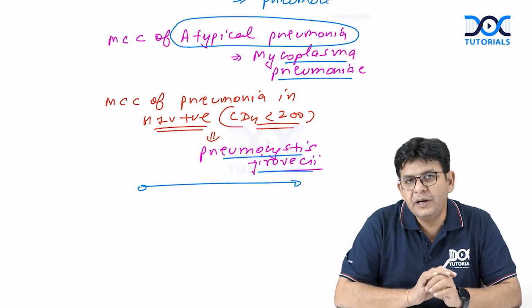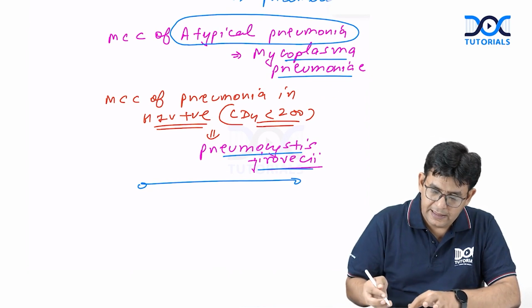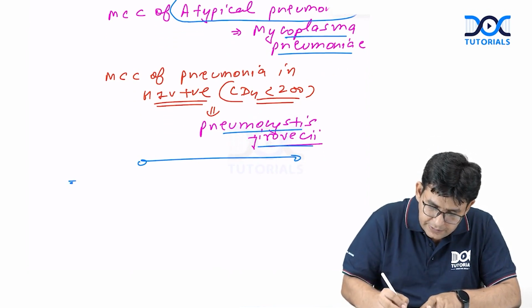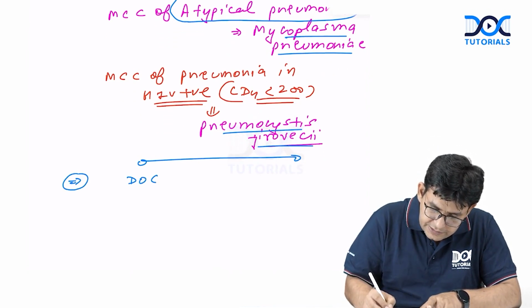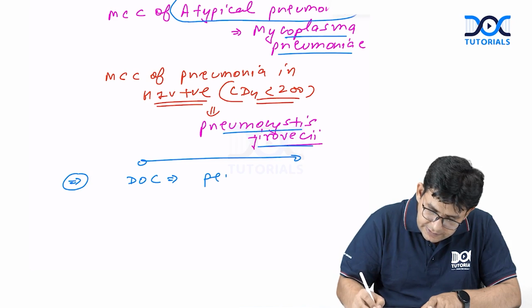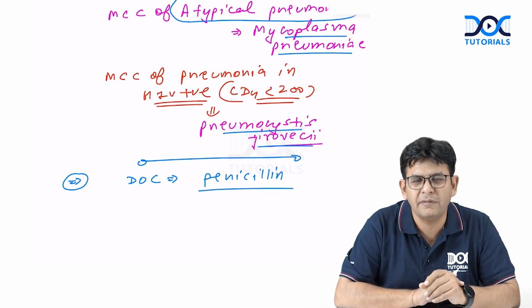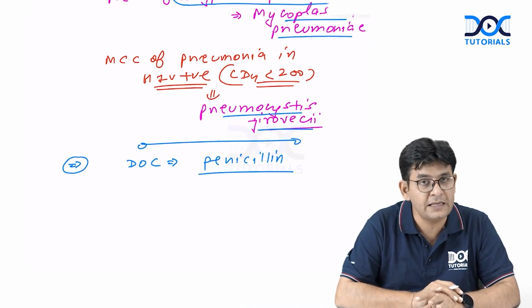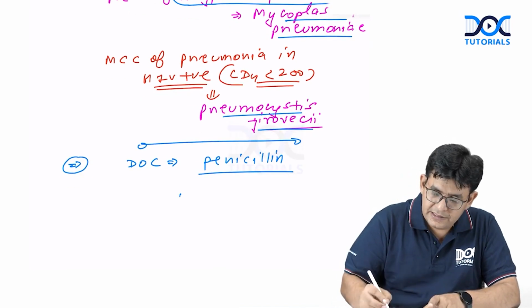So this much you need to know regarding the disease part of it. And if we talk about the drug of choice for pneumococcus, the answer in Harrison is still penicillin. You can use cephalosporins also, but as per Harrison, the answer is penicillin.